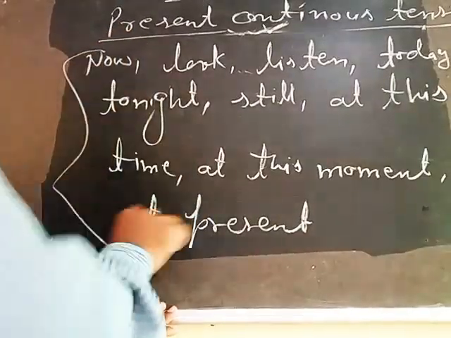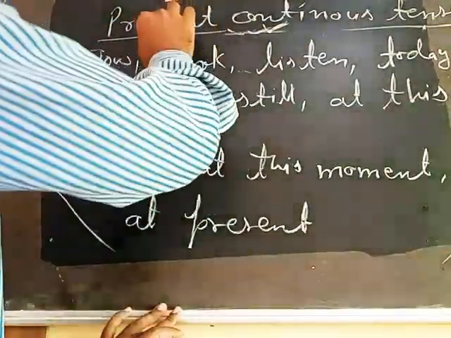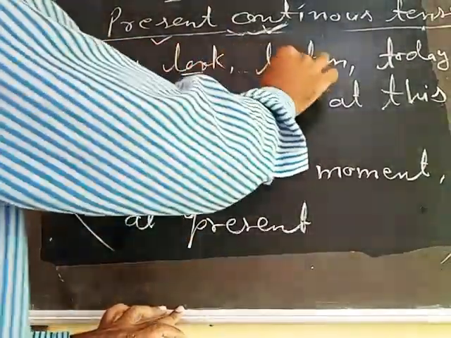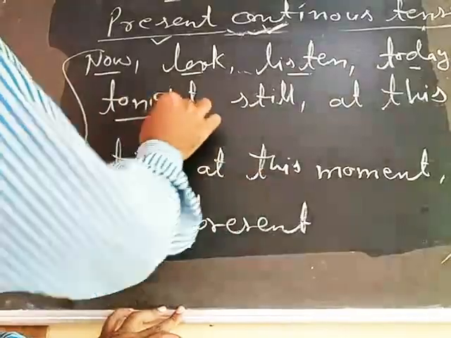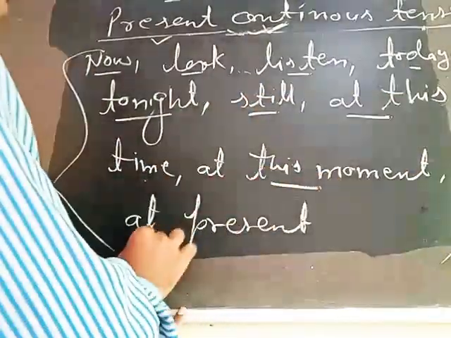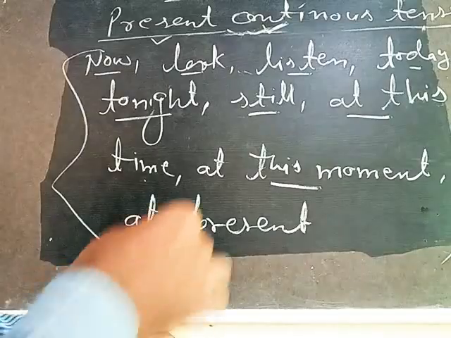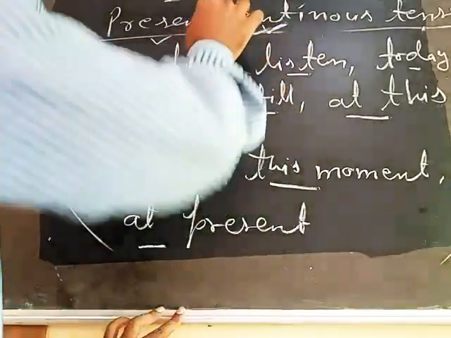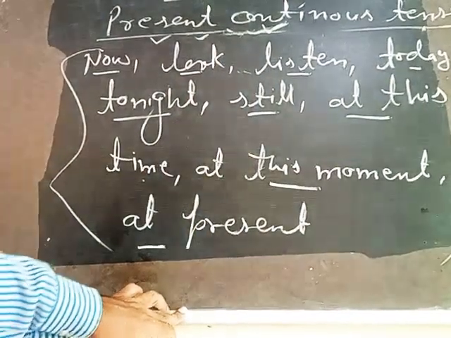If we see these adverbs in a sentence, we must use present continuous tense. Now, look, listen, today, tonight, still, at this time, at this moment, and at present. If we see any of these adverbs in a sentence, we must use present continuous tense.